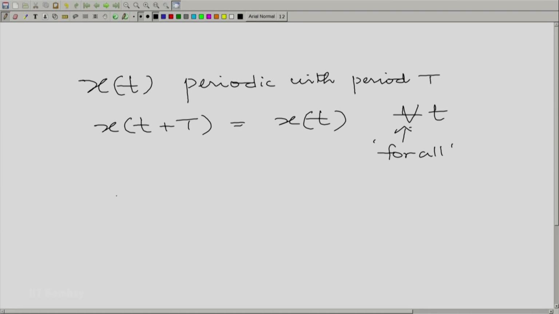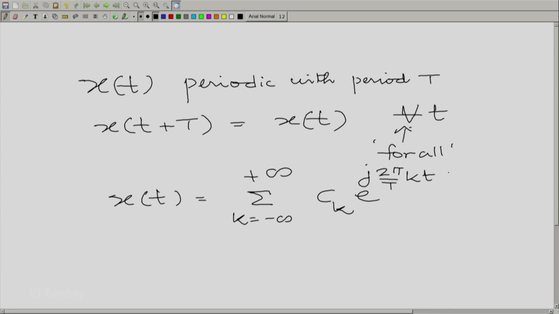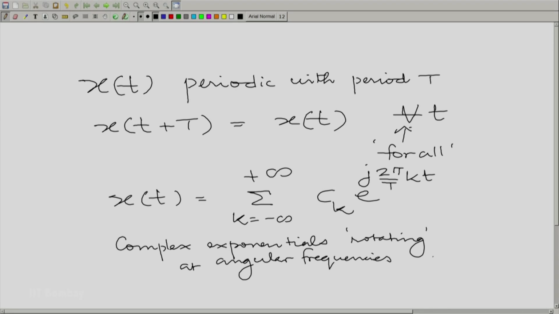We wish to write x(t) as the summation over k going from minus to plus infinity of c_k e raised to the power j 2 pi by T k t. So, essentially complex exponentials rotating at angular frequencies of 2 pi by T times k over all the integers.